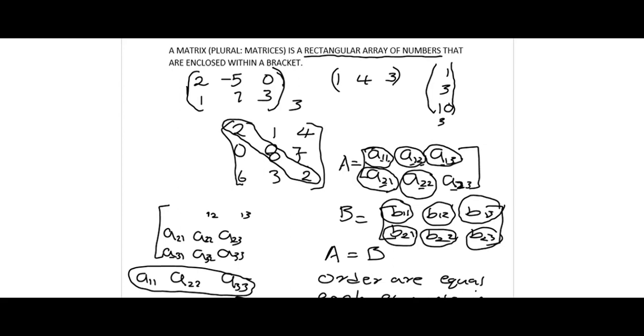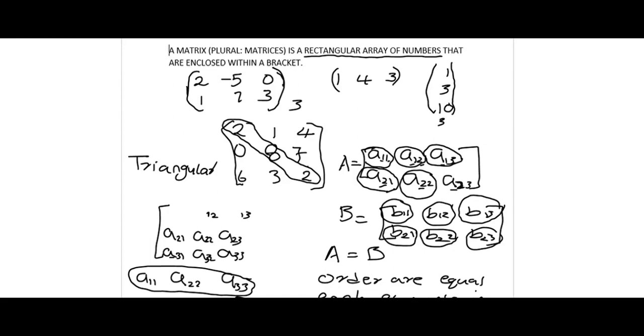So every other number below this principal diagonal, to have a triangular matrix, we are going to draw a triangle beneath the principal diagonal.